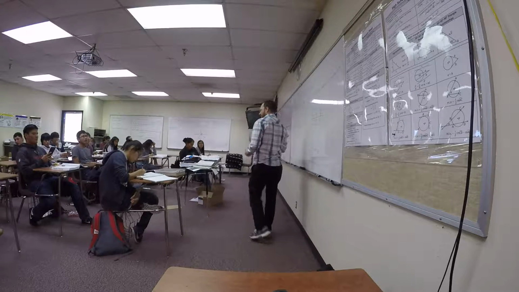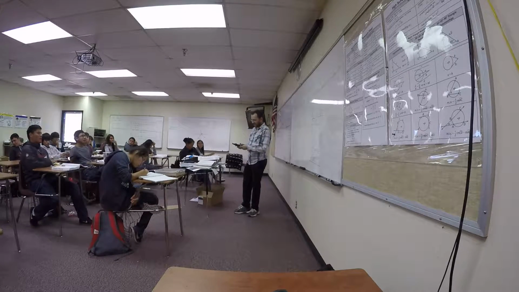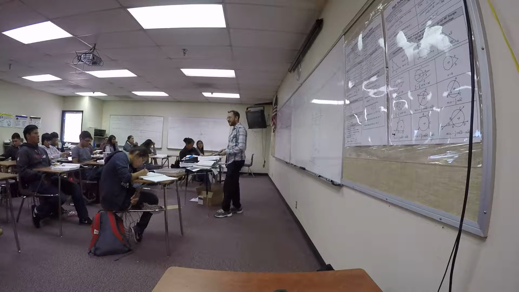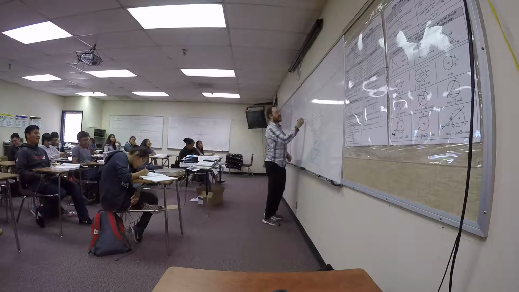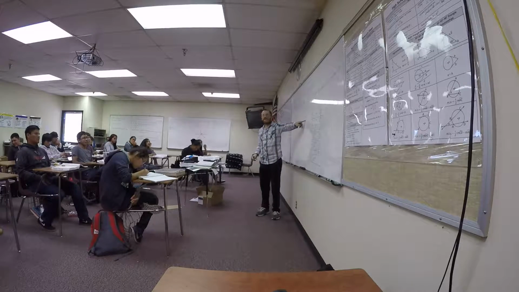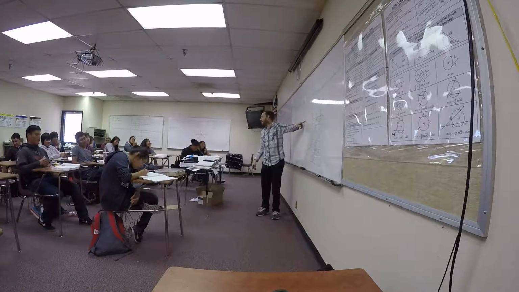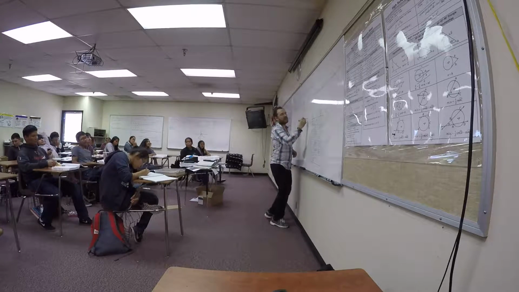How'd you get that? 5 to the 8th power. So 5 to the 8th power. I mean, I can also just write it as 5 to the 8th power. But if you want, what does it say one more time? 390,625.